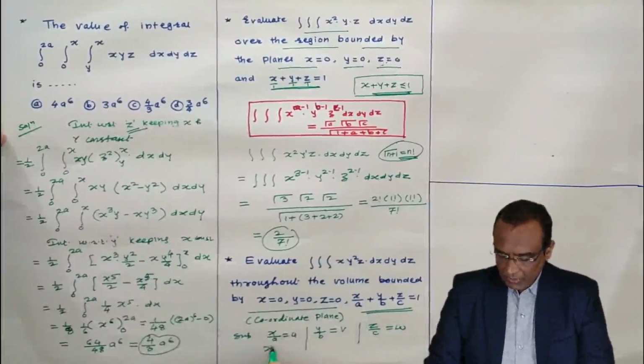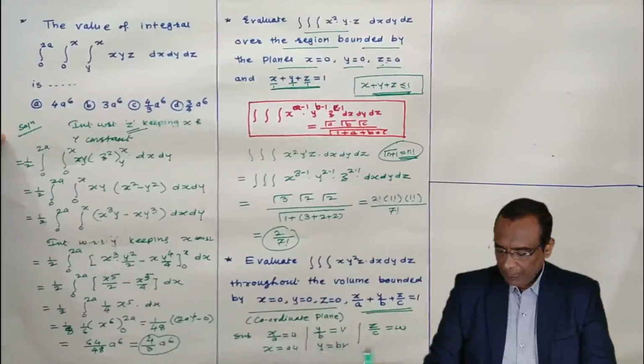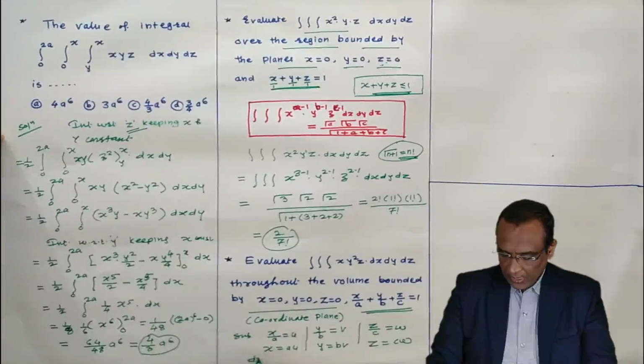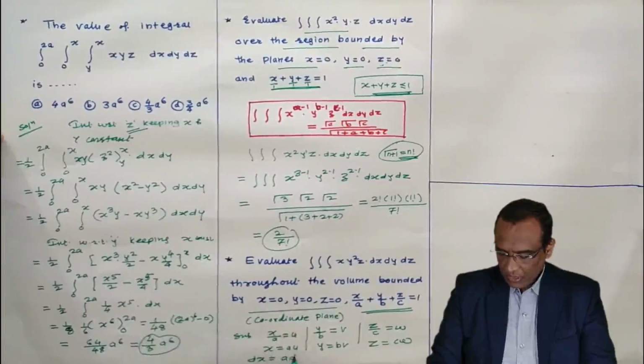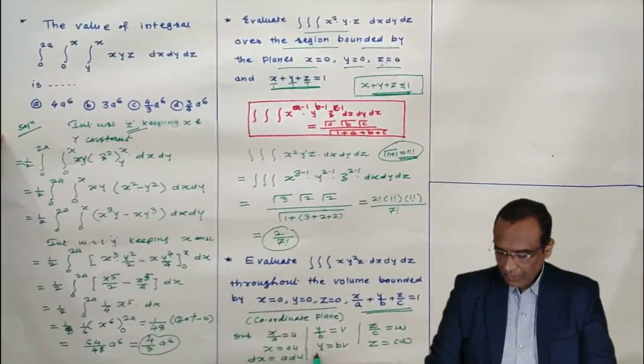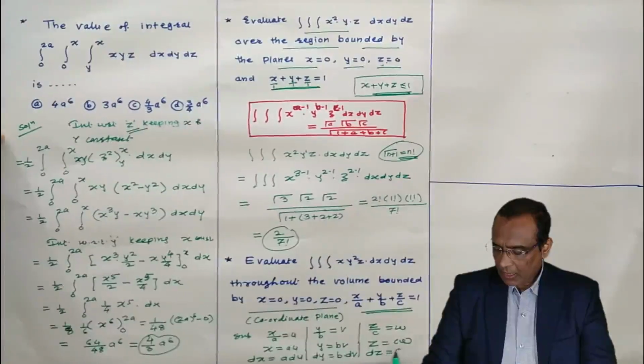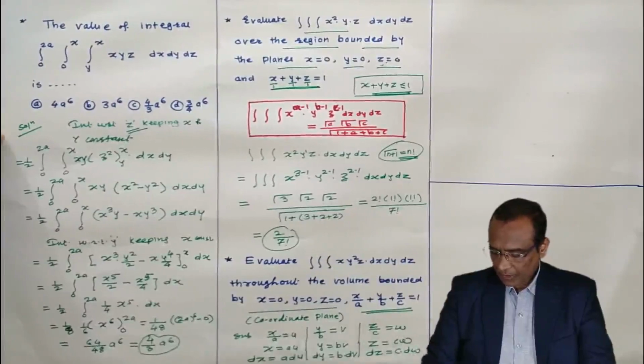Therefore x equals a into u, y equals b into v, and z equals c into w. Therefore, dx equals a du, taking derivative of both sides, a is constant here; dy equals b dv, b is constant; derivative of z is dz and derivative of w is dw.